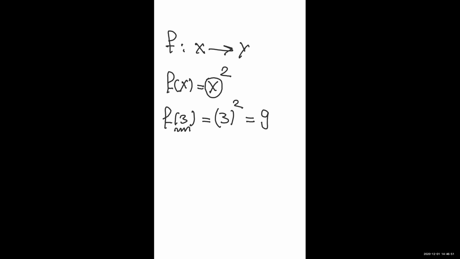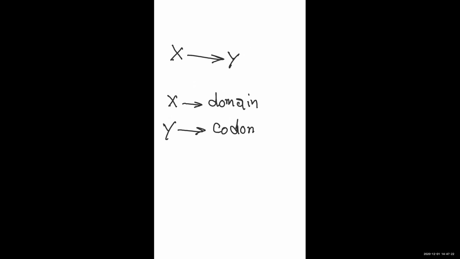Okay, let's remember some simple points from the previous lesson. We said that if there is a set x, and x is a function on y, then x is the domain, y is the codomain, and the set of images of the elements of set x by the function f is called the range.